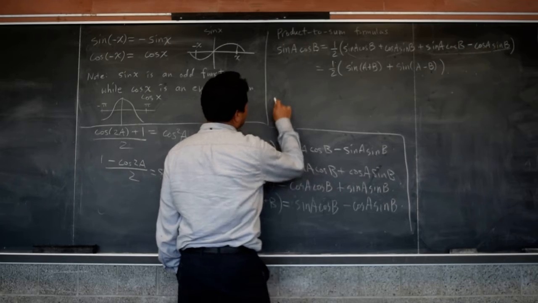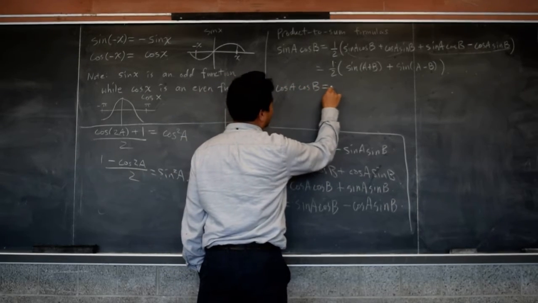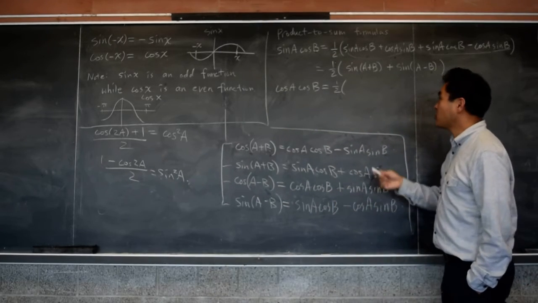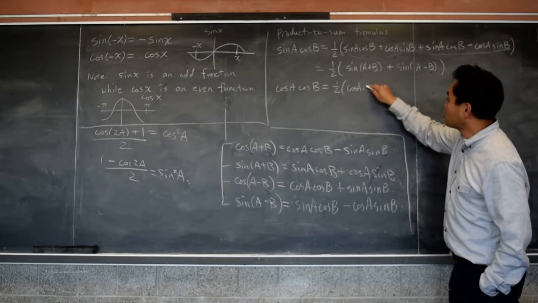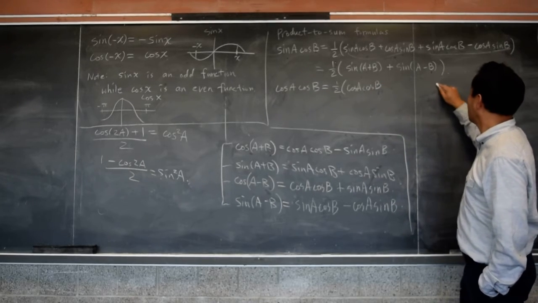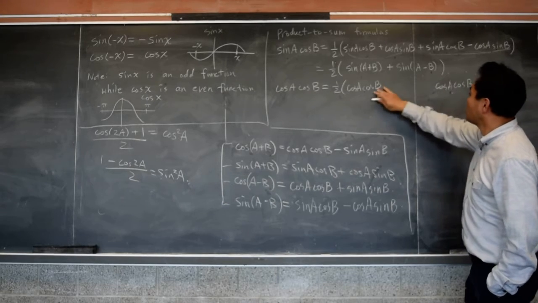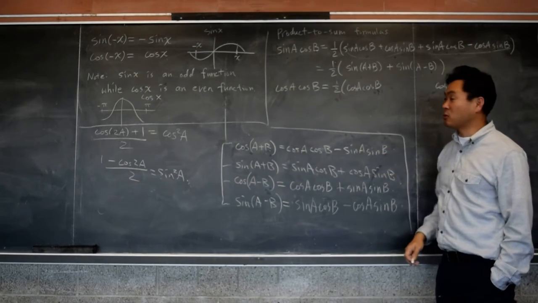Okay, what about cosine A cosine B? Again, do the same trick. You just double it, meaning that you're allowed to write it twice. So I doubled it, but took a 1/2, so that you can come back to the original one.